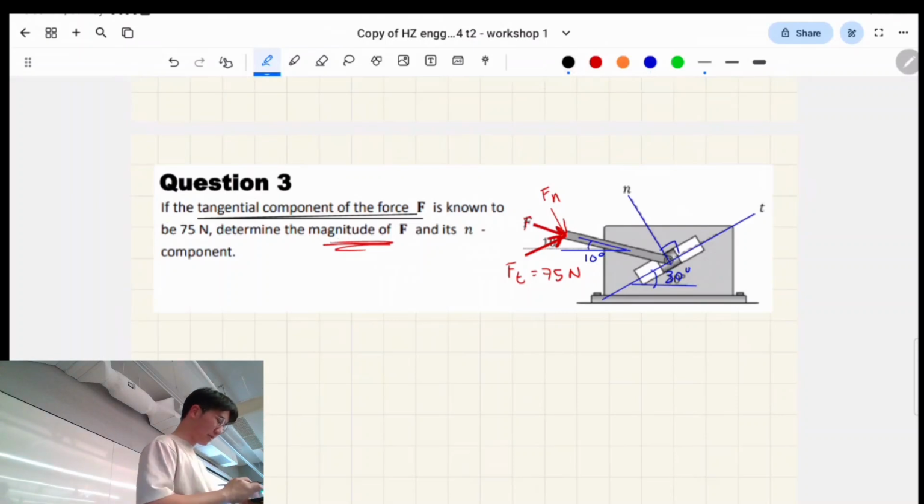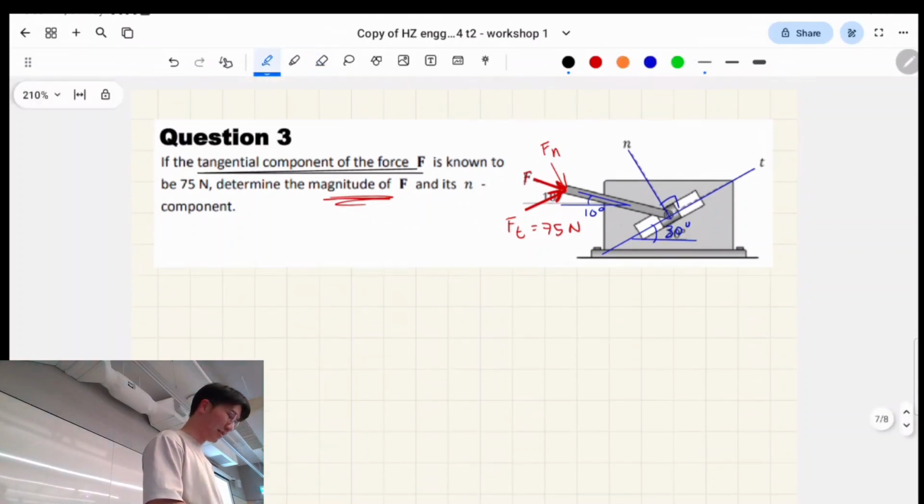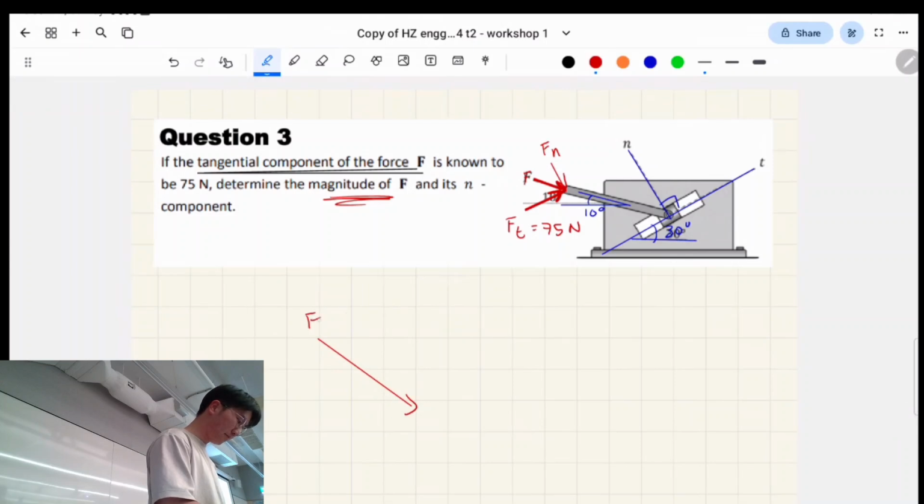So we just need to think about how do these angles combine to make this system. So if we tilt our heads, what does it look like? Okay, it turns out it looks like this, essentially. This angle ends up being 40 degrees.